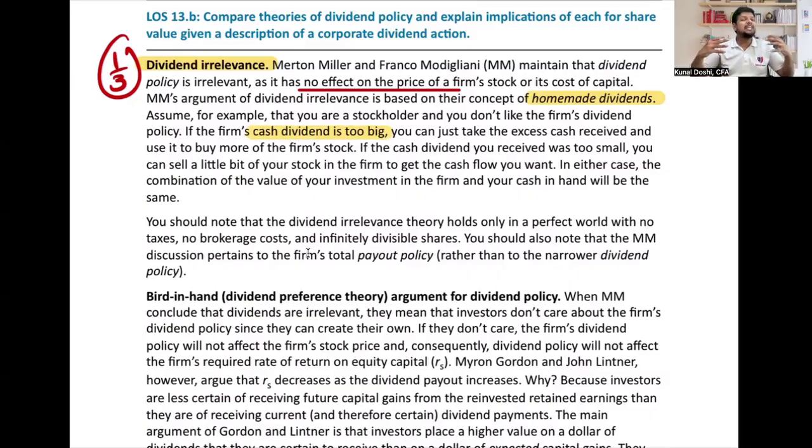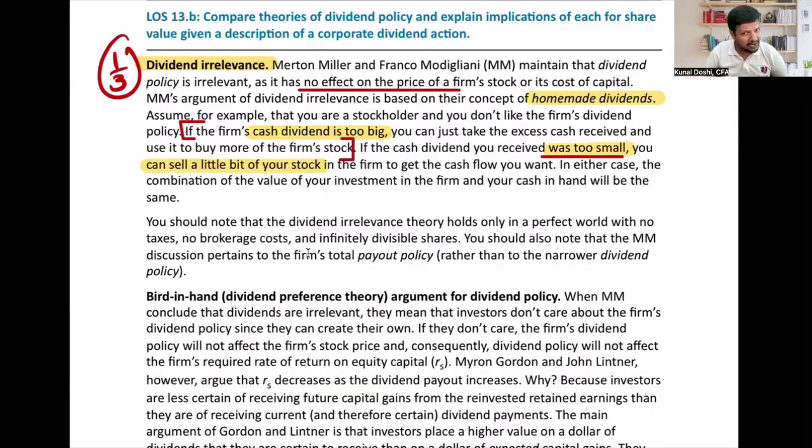You can just reinvest that money which you don't need back into the company. No one's stopping you from it. So this way you can shuffle the extra dividend by reinvesting into the company, right? Same way, what if the company did not give you enough dividend? What if it was too small? In this case, they are assuming that you can basically sell the shares and create a dividend for yourself.